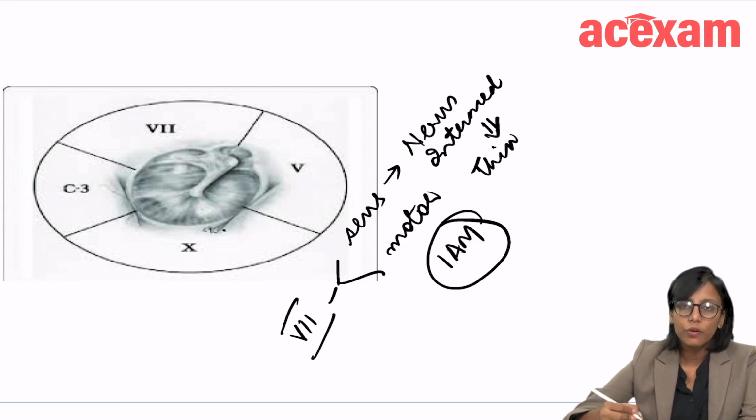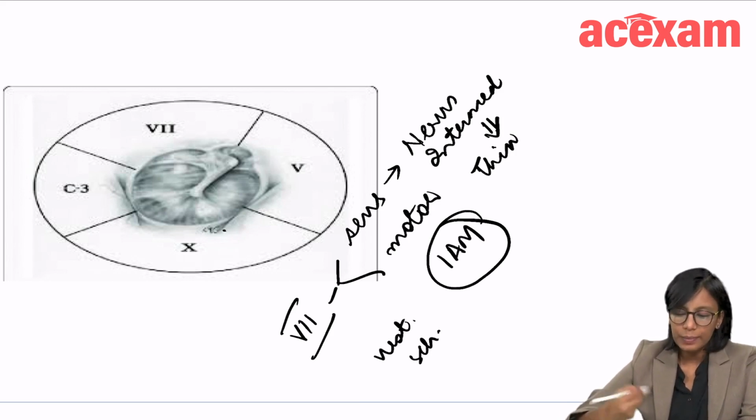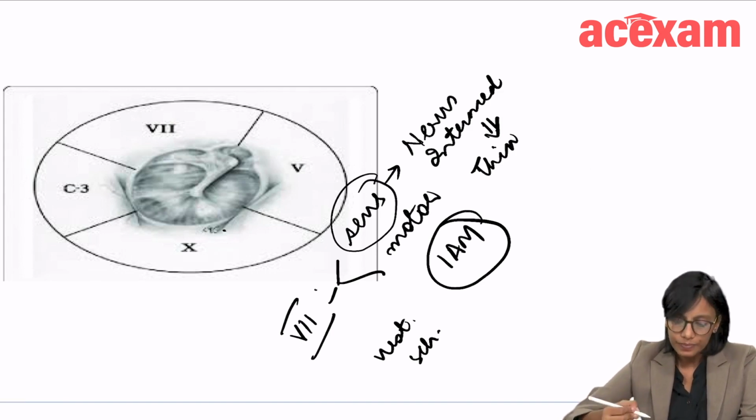So with any lesion of the internal auditory meatus, like a vestibular schwannoma, the tumor compresses the 7th nerve. Since the sensory division is very small and weak, it gets compressed faster and produces symptoms and signs earlier, right?